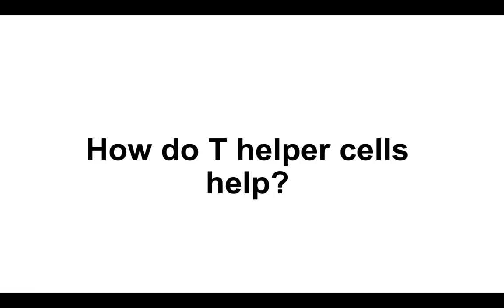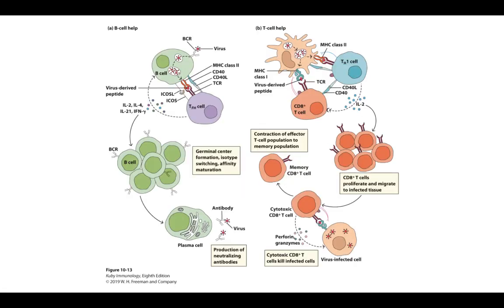How do T helper cells actually help? They help often by making cytokines. The example here on the left is a B cell helping a B cell. A B cell will get activated when it binds to antigen on its B cell receptor, and then with T cell, through CD40 ligand binding to CD40, it'll get another signal, as well as the cytokines that are made here.